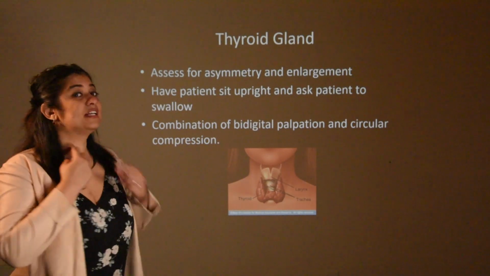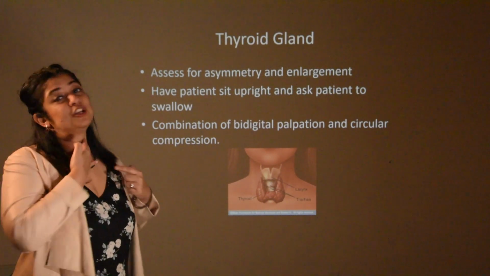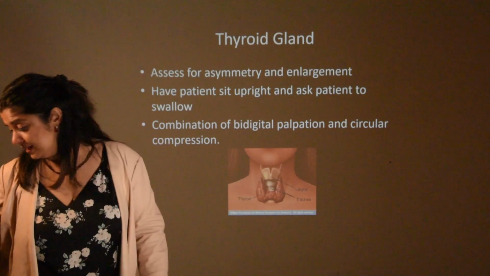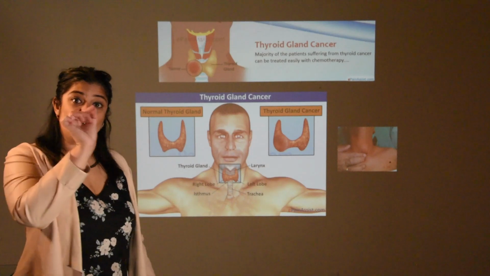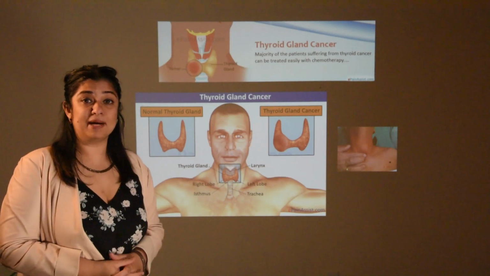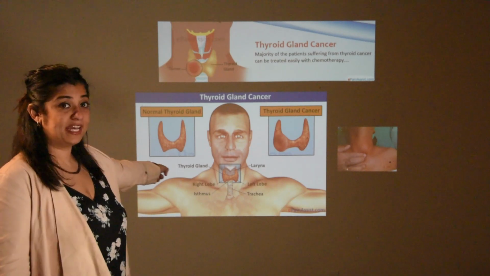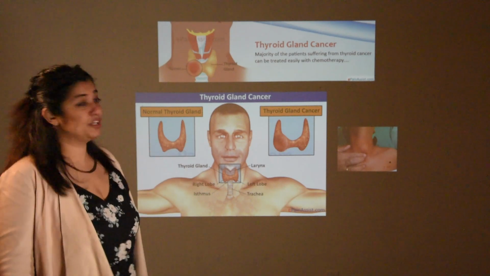You want to make sure that you're using your fingers bidigitally. Also, you want to use circular motion to actually feel the thyroid gland. The thyroid gland also can get cancerous, and there are 4 small glands sitting on top of the thyroid gland called the parathyroids. So this picture is just showing you exactly the location of the thyroid gland in the neck and what it looks like when it's swollen.